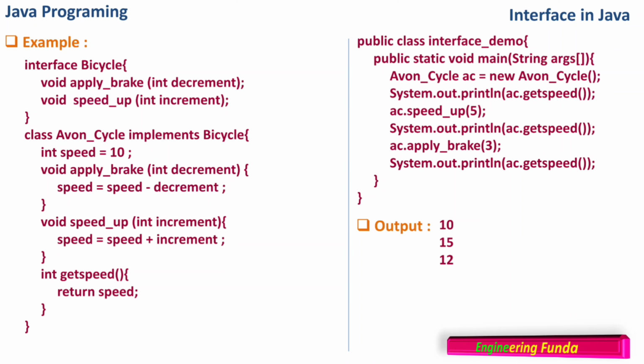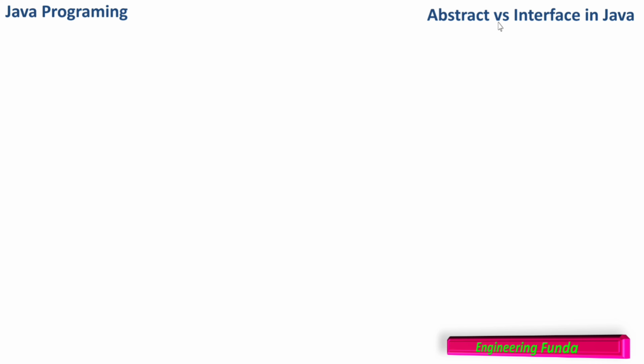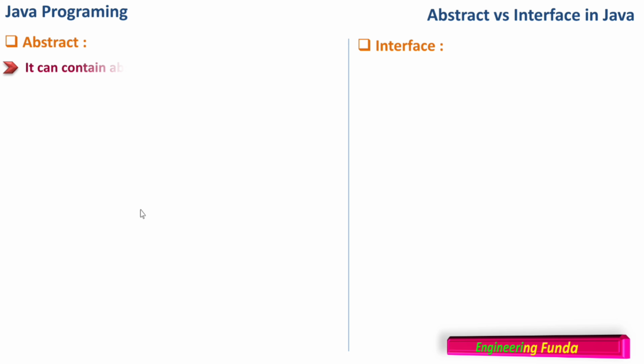Now we will see the comparison of the abstract class with the interface. So what is abstract class versus interface in Java programming? Here we will have this comparison table, abstract class and the interface. Abstract class contains abstract and non-abstract methods.